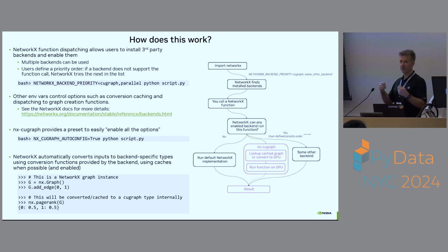So that's a conversion that happens internally. And NetworkX manages all of that too. That'll happen automatically. It'll maintain a cache if you've enabled that, so the conversion hit doesn't have to happen every time. If you change the graph, because NetworkX is a full dynamic heterogeneous graph type, it will automatically take care of invalidating the cache accordingly. It'll all just work. So that's nice.